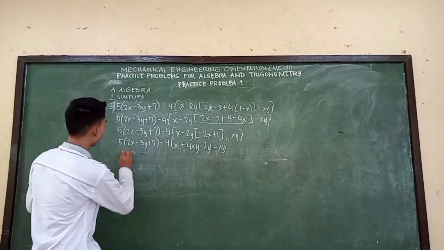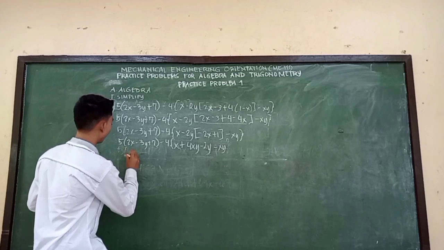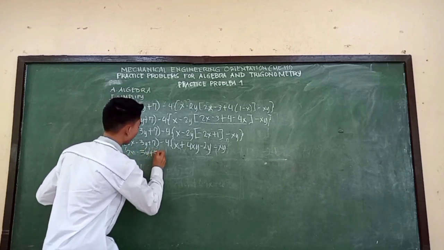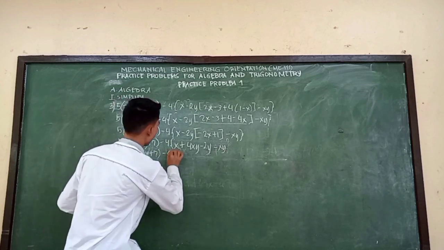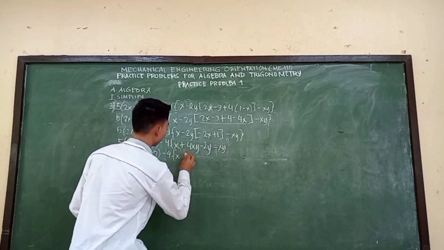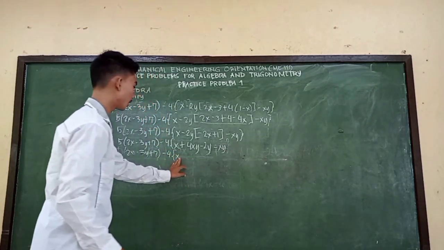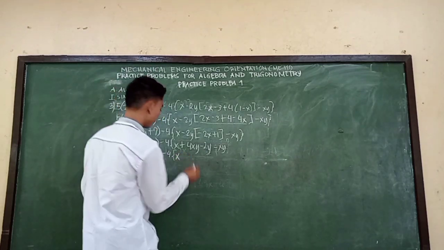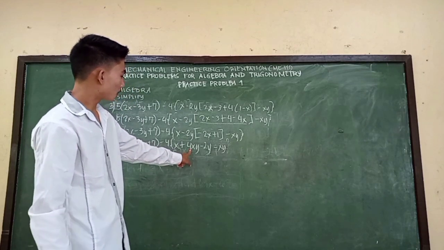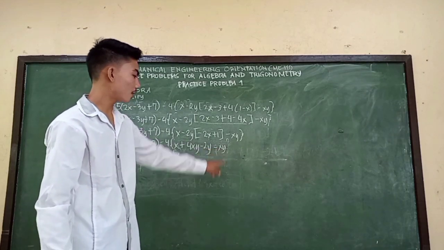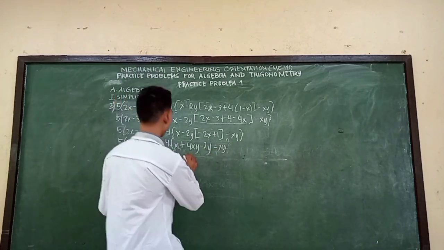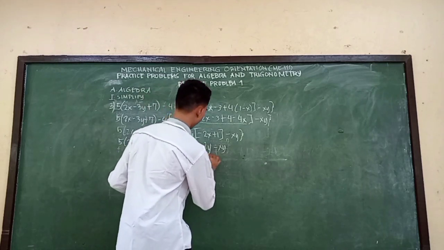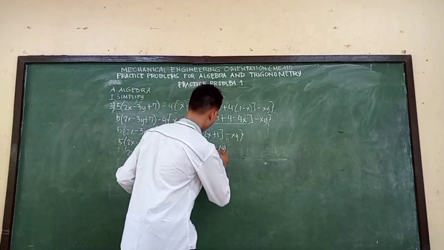First, we will copy, then combine like terms. 4xy minus xy is equal to 3xy minus 2y.